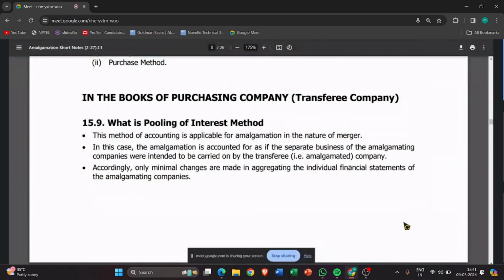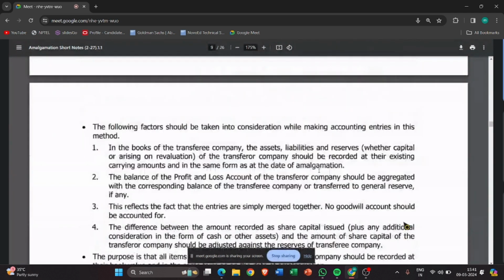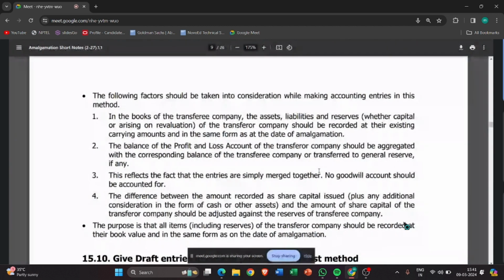And we know what happens in case of merger, wherein two companies, their business gets stopped and they merge and form what is called as a new company itself. So in case of merger, what are the steps that have to be followed? See, the same points have been written here. In the books of transferee company, the assets and liabilities and reserves, that is all the reserves of the transferor company, should be recorded at their existing balance sheet values itself and in the same form as at the date of amalgamation.